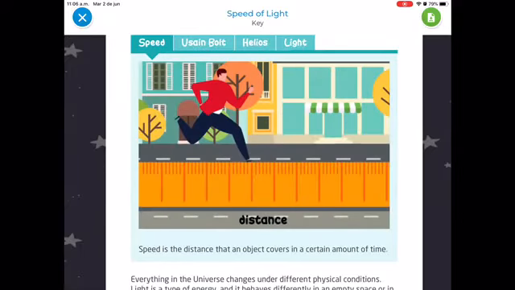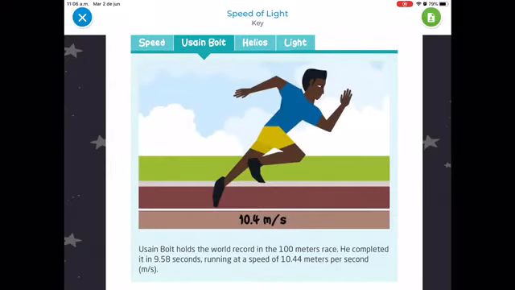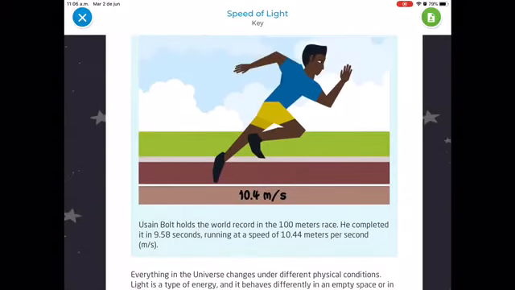Now, what is speed? Speed is the distance that an object covers in a certain amount of time. So this is how we measure speed, by the distance, okay? Now, Usain Bolt, who is this person? Usain Bolt holds the world record in the 100 meters race.